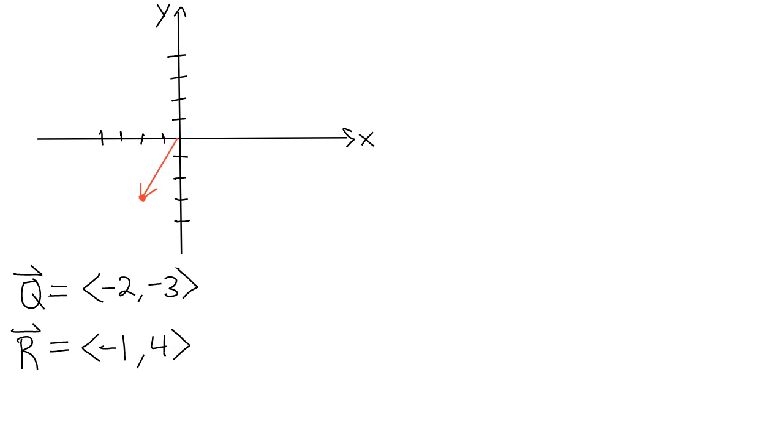R is -1, 4. Let me do that in blue. -1, 4. That point is up here. So we have this vector, R.